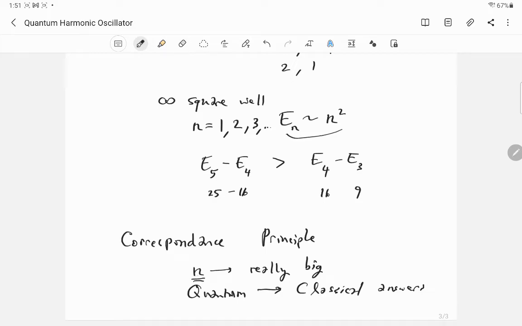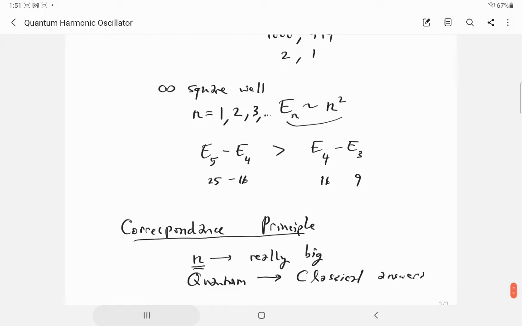So in the limit that the quantum number is really, really big, we get these classical answers, or things that more resemble what you expect classically. And the quantum harmonic oscillator shows this correspondence principle really nicely, actually. I love this picture, so let me show it to you.